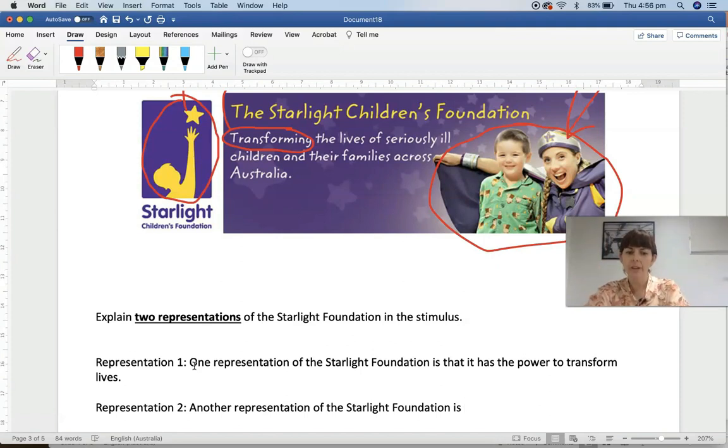Let's say this. Another representation of the Starlight Foundation is that, like superheroes, they help kids reach for their dreams. Cool.